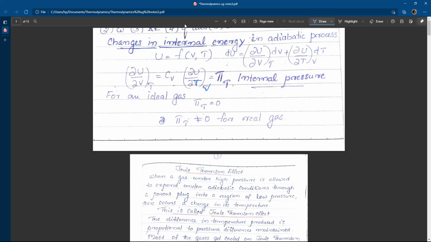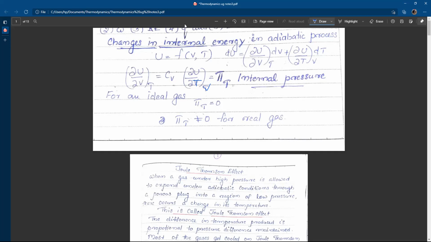We know that (∂U/∂T) at constant volume is Cv, which we have derived. And (∂U/∂V) at constant temperature is πT, which is the internal pressure of the gas. The change in internal energy with the change in volume at constant temperature is called the internal pressure of the gas.